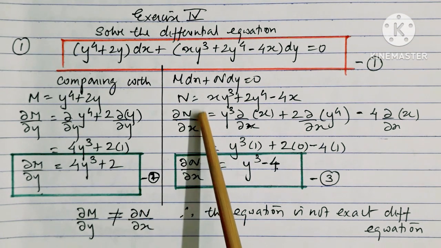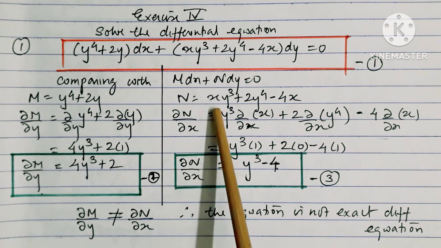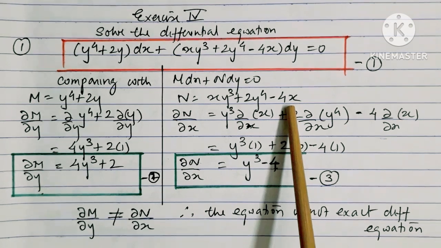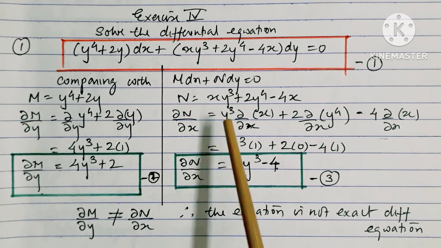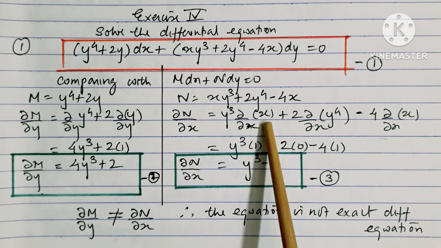Now let us differentiate N partially with respect to x. Now N = xy^3 + 2y^4 - 4x. Therefore del N by del x equals y^3 into del by del x of x.